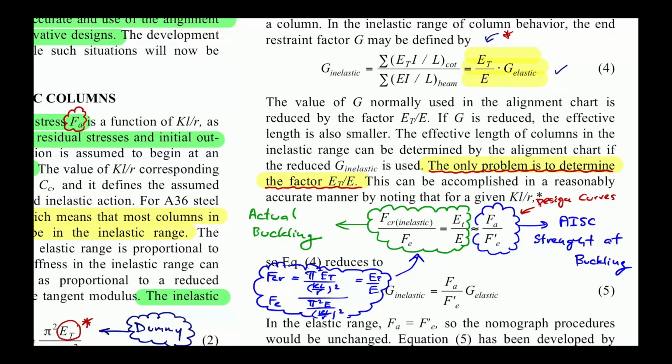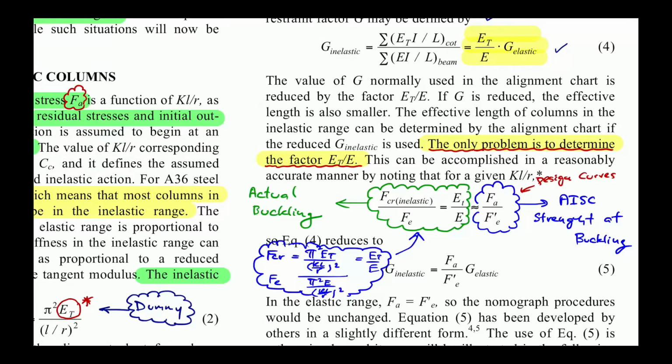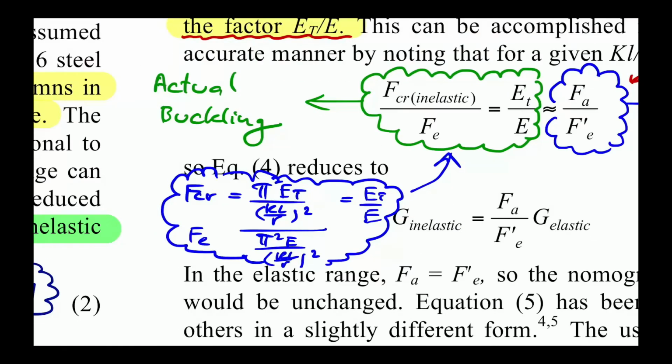So if we take a look at the relationships given over here, the critical stress might be just expressed in terms of pi squared ET over KL over r squared.